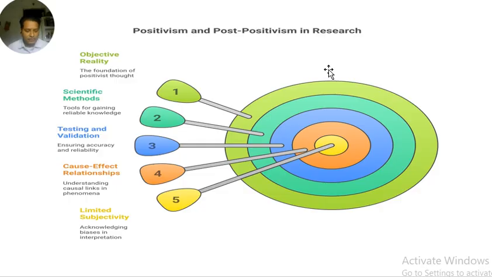Both focus on using tests, experiments, and numbers to find the truth. In geometry teaching, a researcher might use this paradigm to test whether a new teaching strategy improves test scores. This type of research is useful when you want to know how effective a strategy is in terms of results we can count or measure.